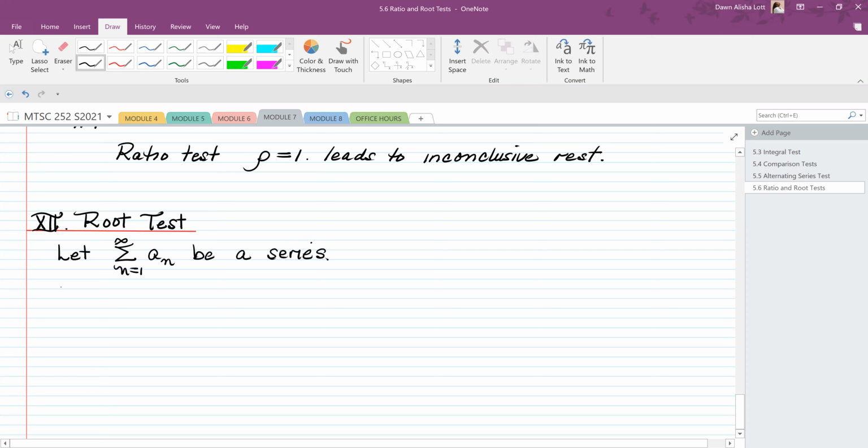So now again, we're going to compute rho, but this time rho is the limit as n approaches infinity of the nth root of the absolute value of a_n.